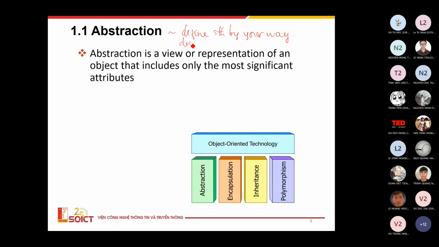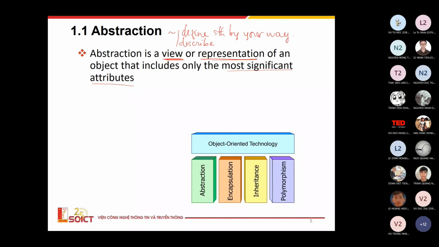And if you want to describe or define something, of course, you have to show the most significant properties of that object or element. Okay, thank you. So it's just the way you describe, view, or represent something.